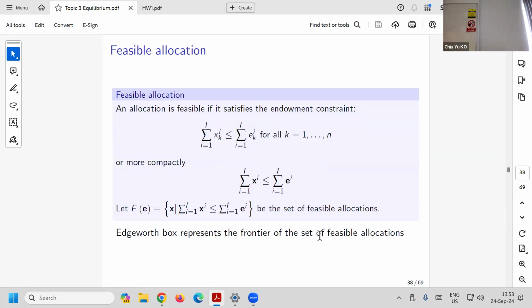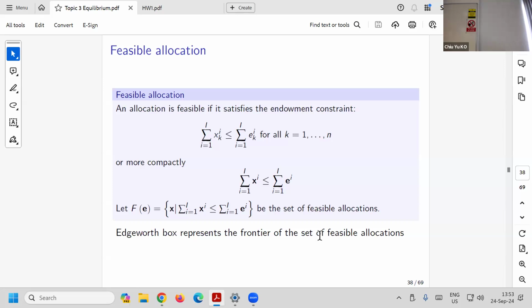You can write it in this form, or compactly in vector form. Vector form means for every element, the standard notation: you compare vectors coordinate-wise, element 1 to element 1, element 2 to element 2, same thing. This is the standard notation for comparing vectors. It's an element-wise inequality.